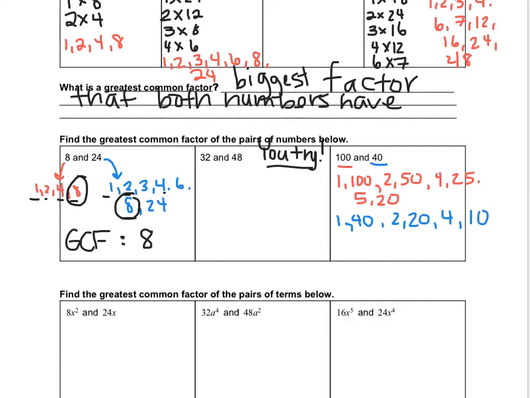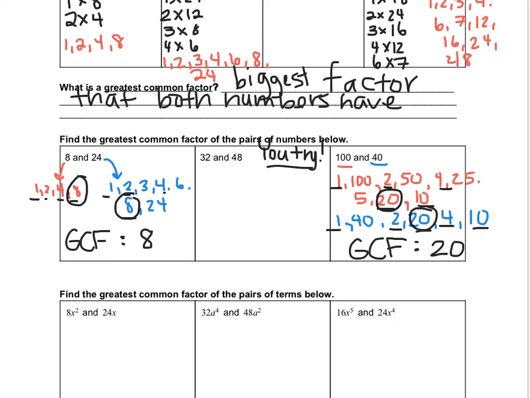So I'm going to look for the numbers that they have in common. They both have 1, they both have 2, they both have 4. Oh man, I forgot 1 and 10. 10 times 10, so 10 is also a factor. So they both have 10, and they both have 20. And the biggest number on that list is 20. So the greatest common factor is 20.